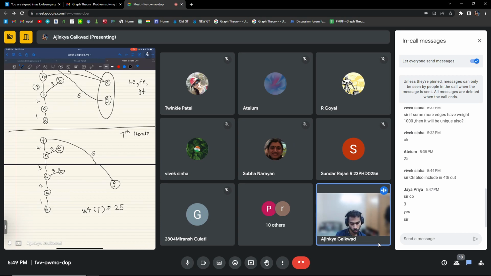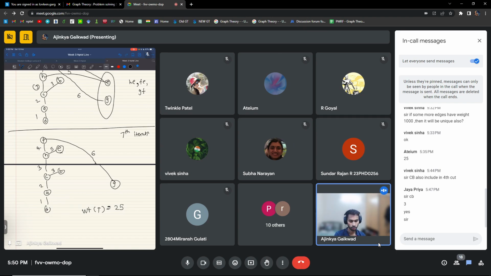So here is a question. How many iterations do I have to run in order to construct a minimum spanning tree using Prim's algorithm if there are n vertices in my graph G? Let me repeat the question.